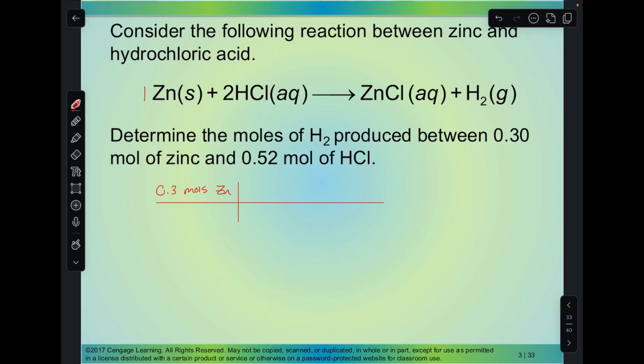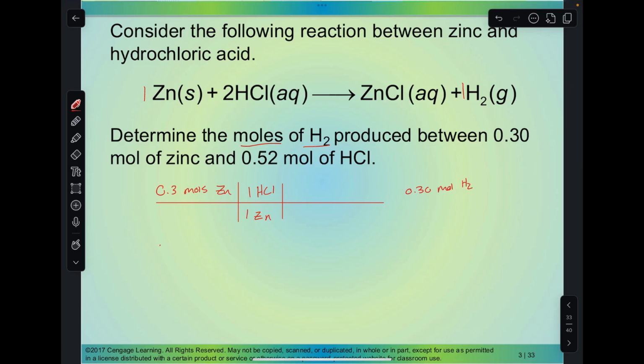And so for every 1 zinc, we just need to choose one of these, but it's already given to us in the problem, 1 mole of H2. So for every 1 zinc consumed, we get 1 mole of H2. And so we can stop there because we only need to go to moles.